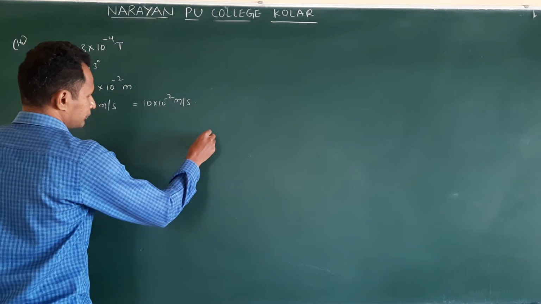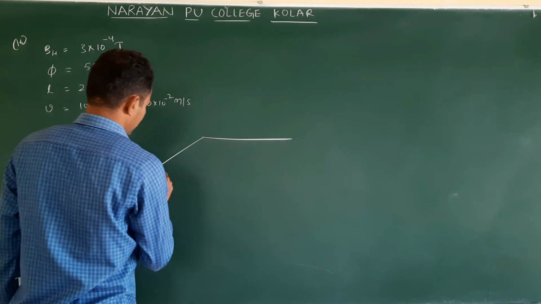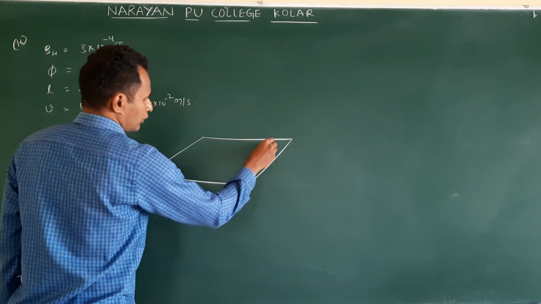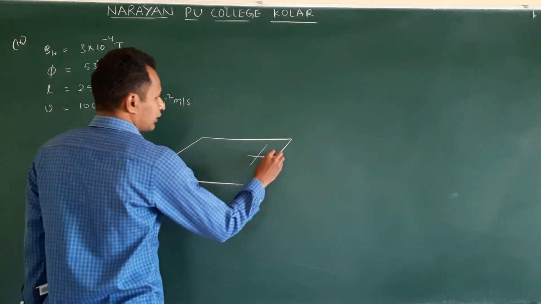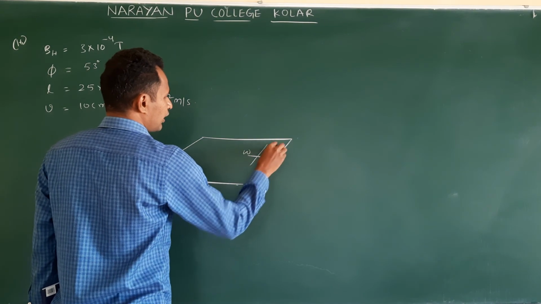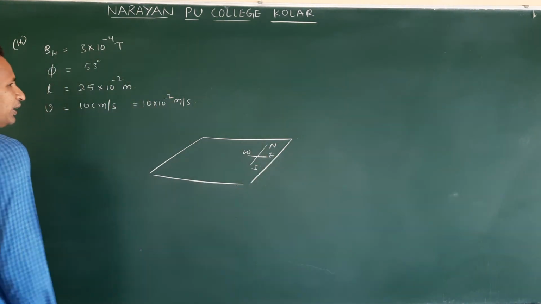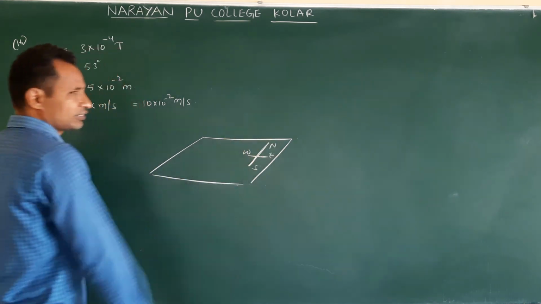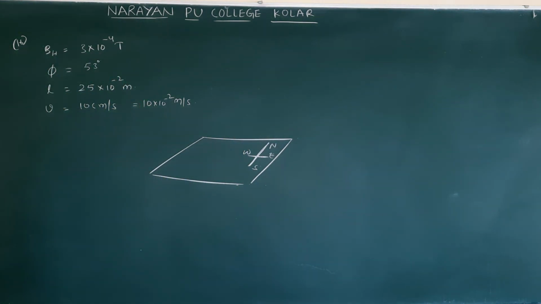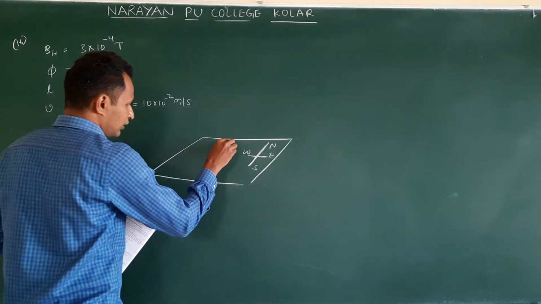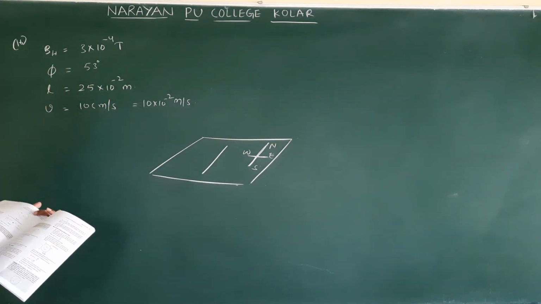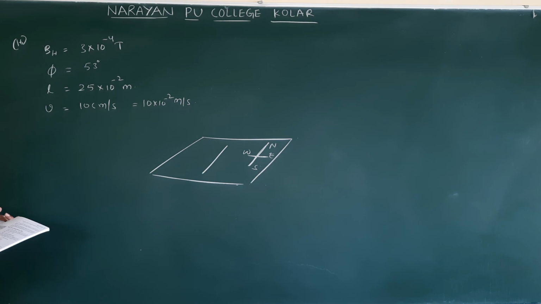This is the plane, east to west and north to south. B_H is acting along north and south. The rod is placed in the north-south direction, and it is moving towards east.